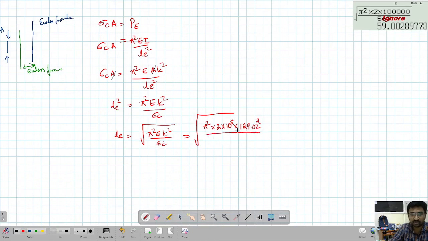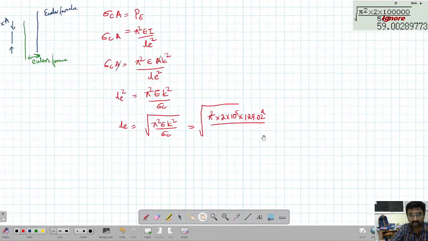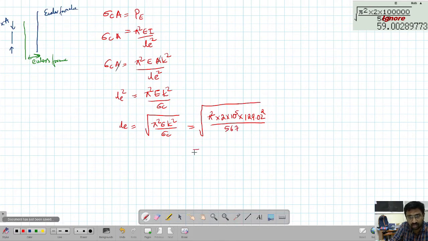The value of sigma c is 567, if I remember correctly. Yes, it's 567. Let's calculate this quickly.